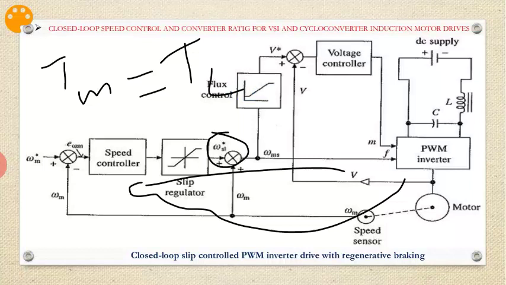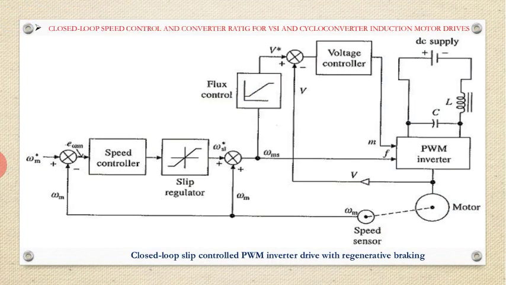Now, when there is a step decrease in the speed command, it gives a negative speed error, and the slip speed is set to the maximum negative value. In this case the drive will decelerate, whereas in the positive case it accelerates.